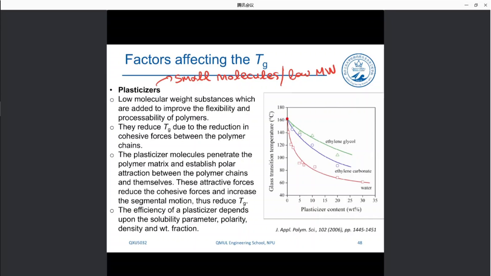What the plasticizer does is essentially weaken the intermolecular forces, okay? It reduces the polar attraction and the cohesive forces, okay? They weaken the intermolecular forces.